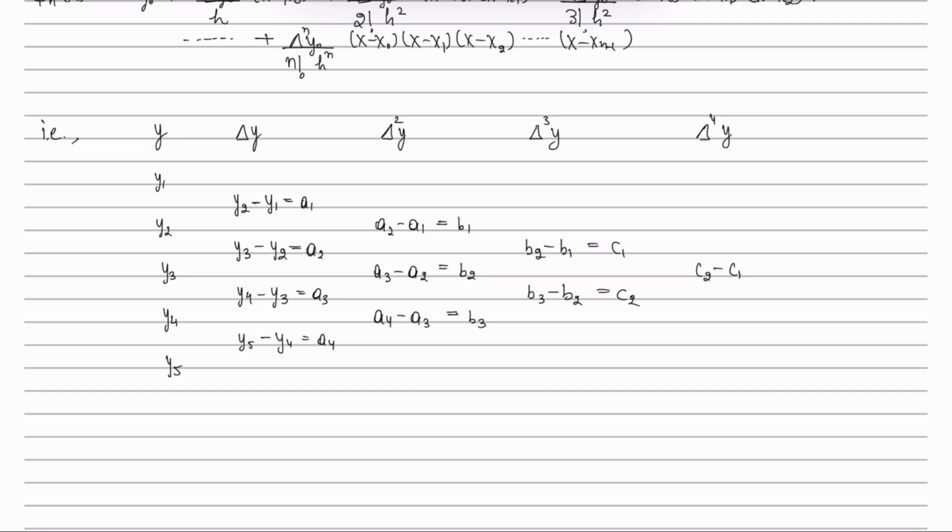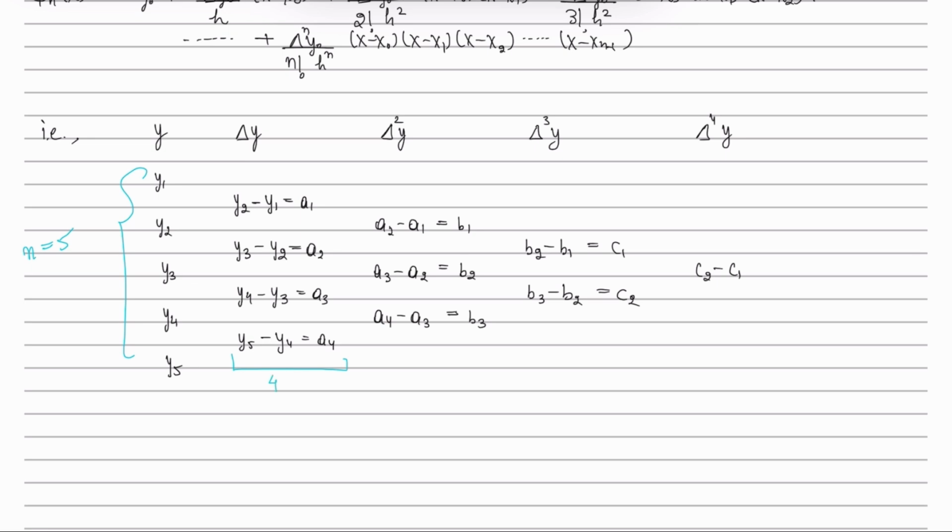Now let us analyze this table first. We had initially 5 values of y. So here the value of n is 5. For the next column in this table, we have 4 entries, which have been reduced by 1.